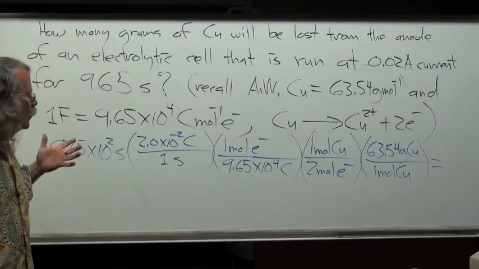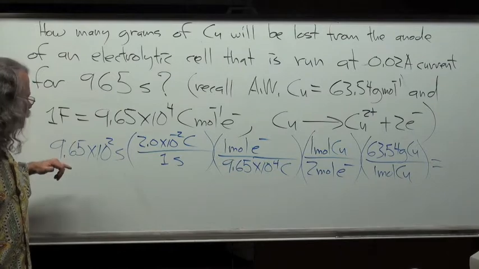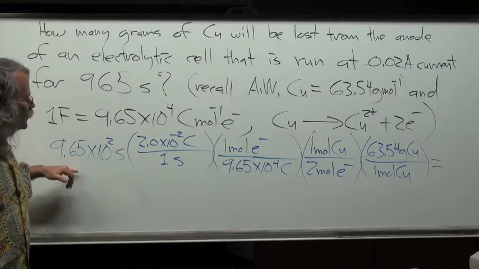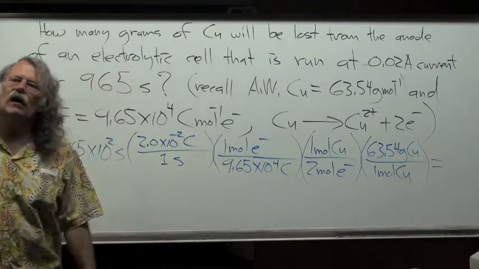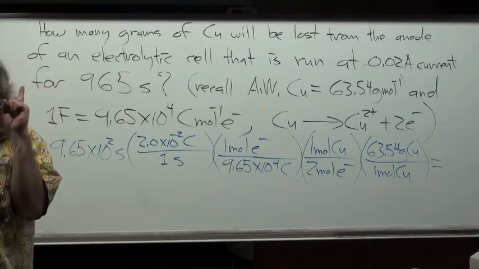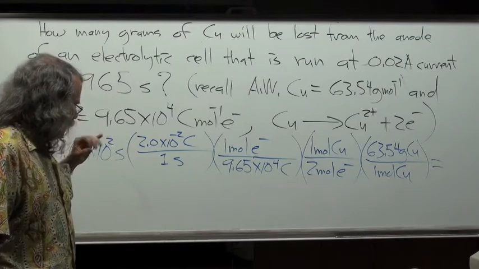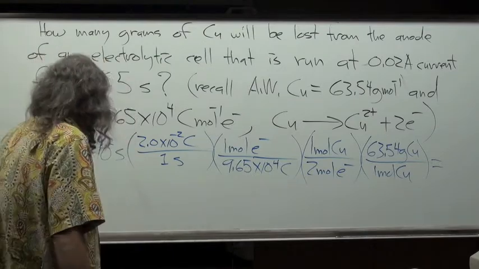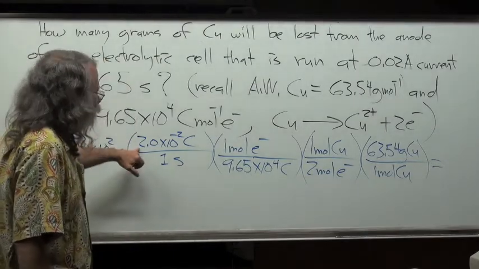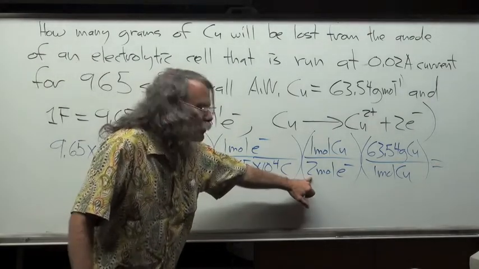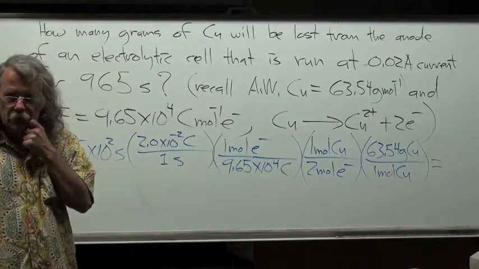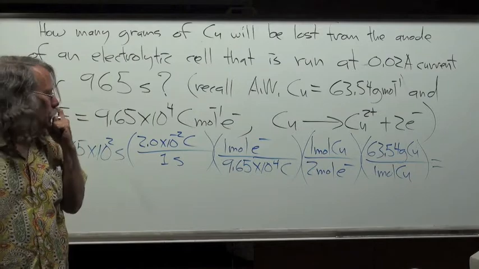And now I've got 9.65 divided by 9.65, which is 1. Then I've got 2 divided by 2, which is 1 again.